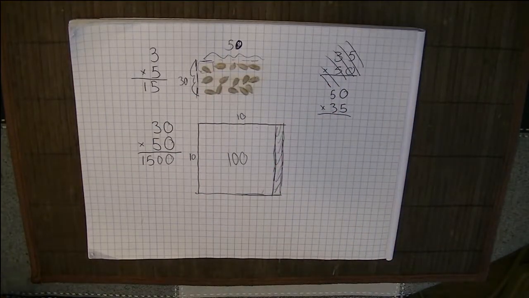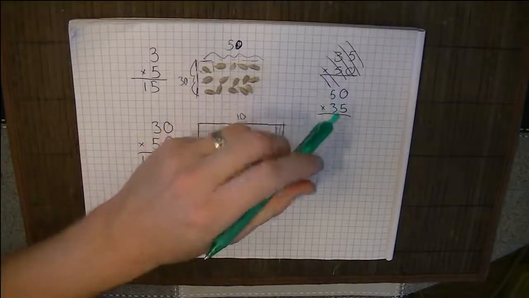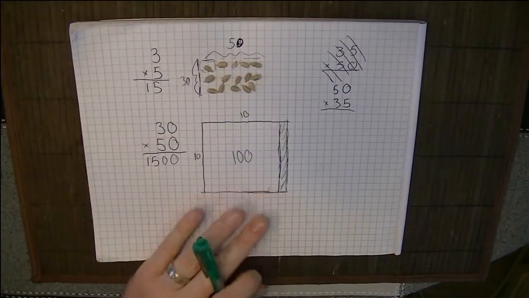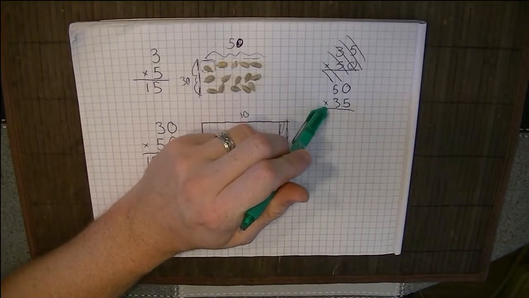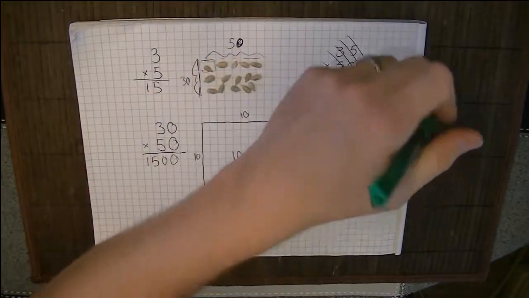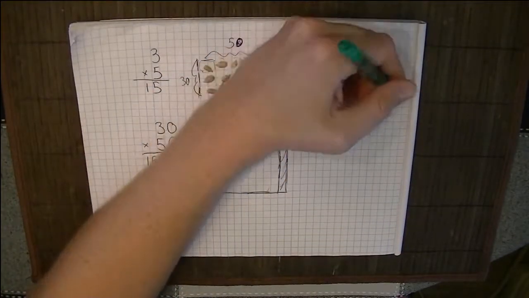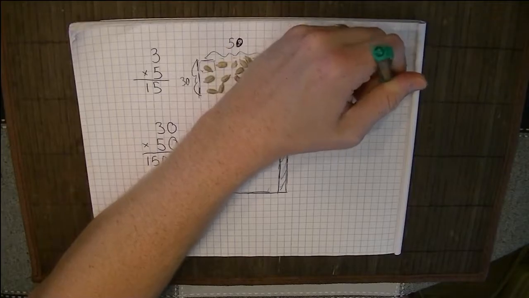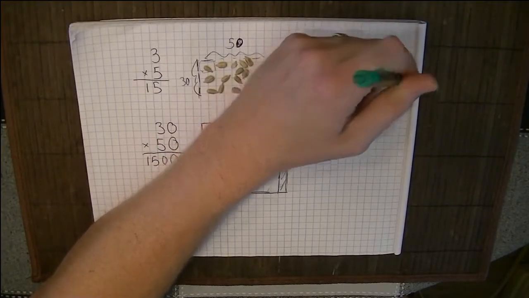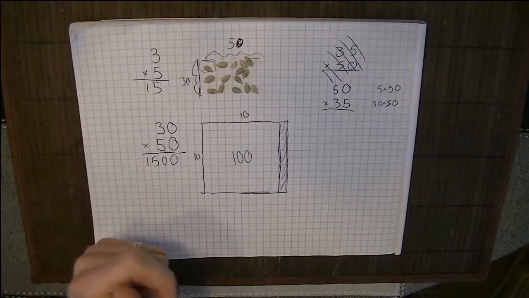Okay, so what I'm going to do now is say, all right, that's going to be 5 50s, and then 30 50s. Let me write down what I said there. That is 5 times 50 and 30 times 50, right? So what is 5 times 50?